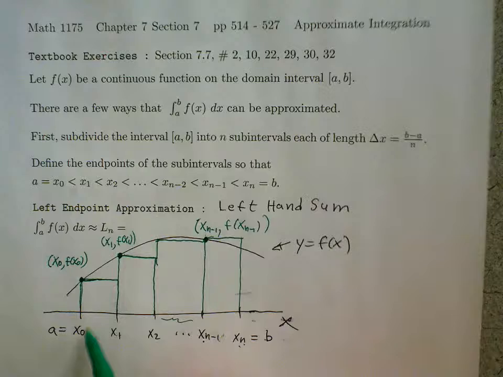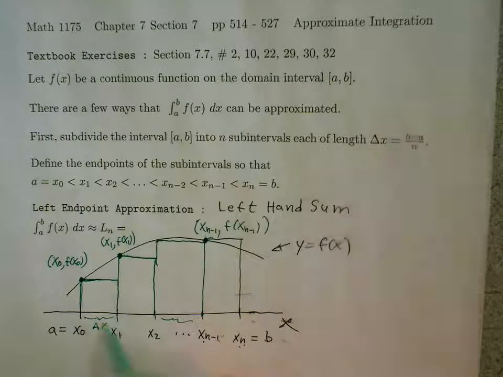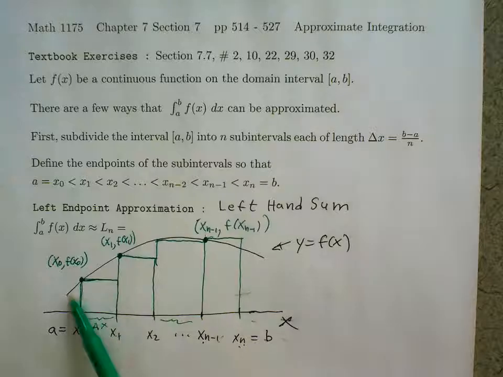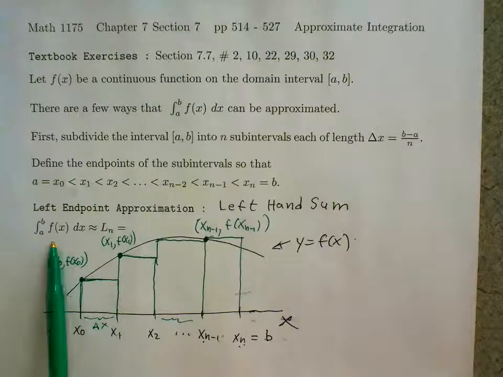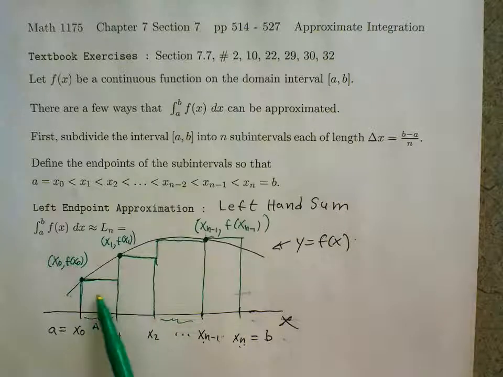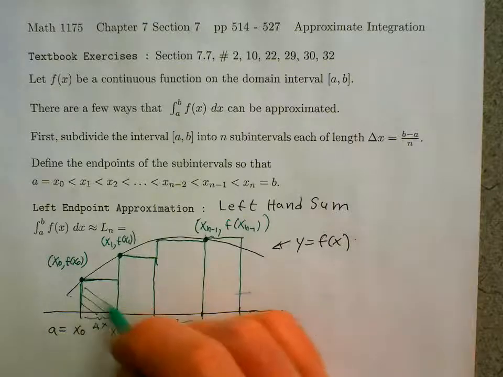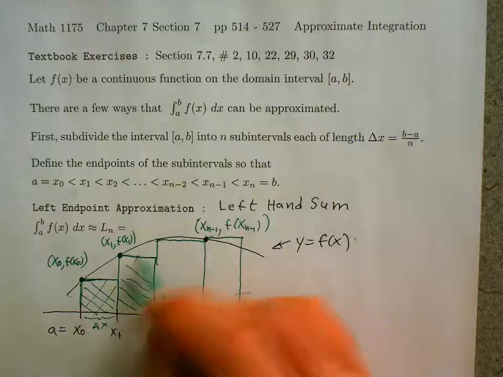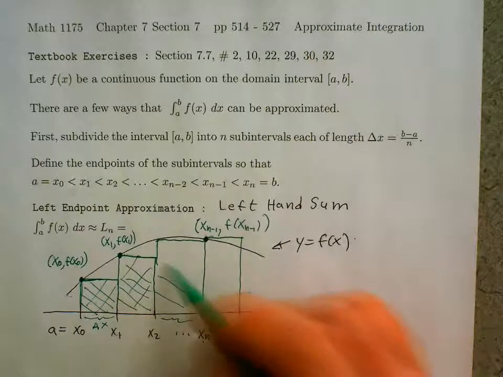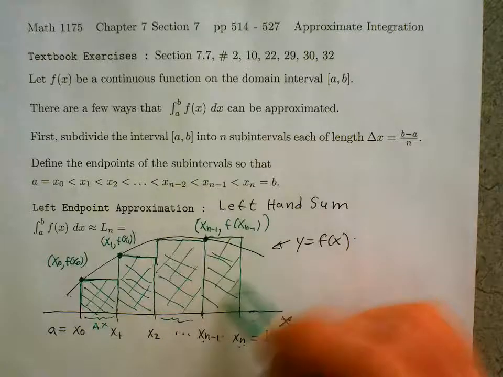The length of each subinterval is delta x. So to approximate this definite integral, we just add up the areas of those n rectangles.